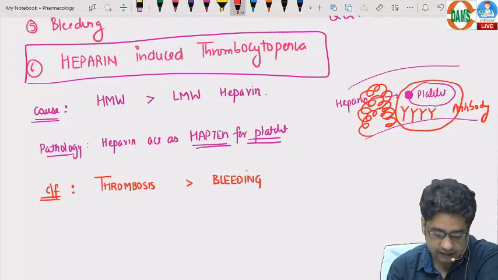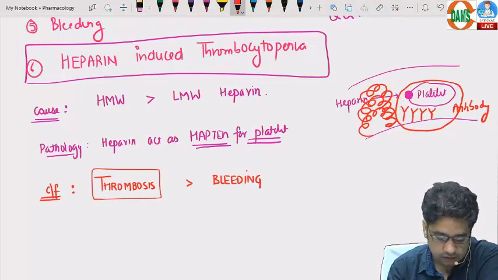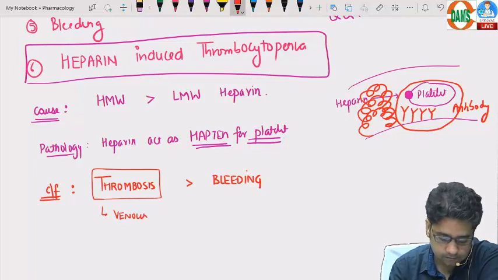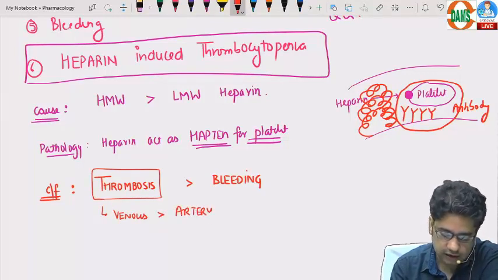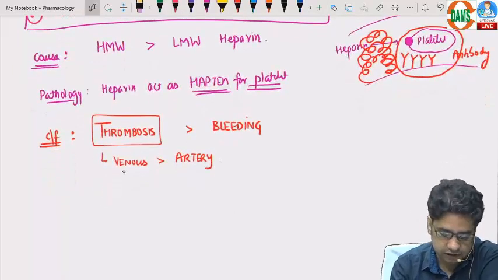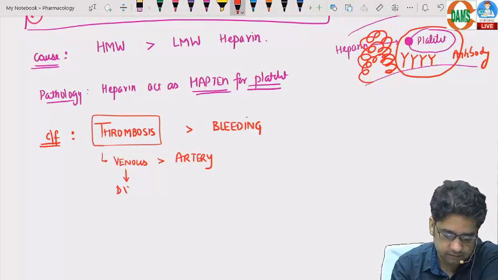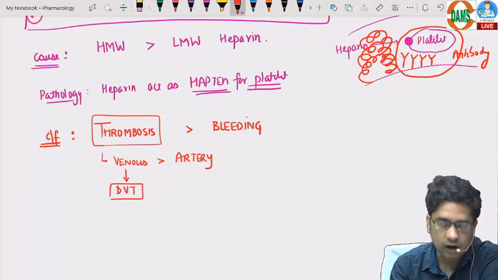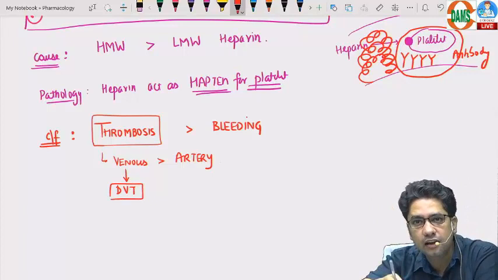Okay, this is more dangerous. Which thrombosis? You will write venous thrombosis, which is seen with arterial thrombosis. Veins and arteries will get blocked. Sir, if a vein is blocked, the patient will suffer from DVT, and you have to amputate the limb of the patient.